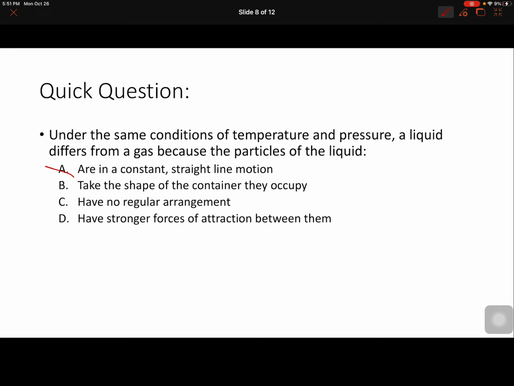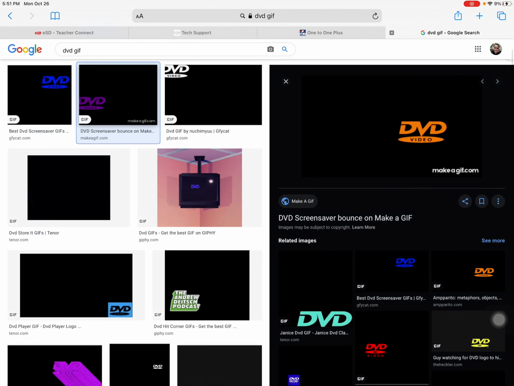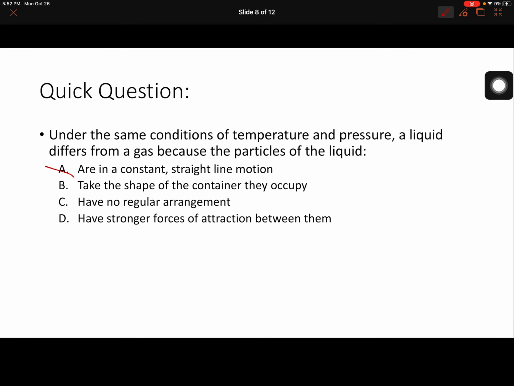For those of you who may not be able to visually imagine it, good question. The best comparison that I found was actually a DVD menu screen. So as you can see, that DVD logo is just moving straight from one end to another and then bouncing off and keeps going with its straight, constant motion. So that's what I mean when I say a constant straight line motion.